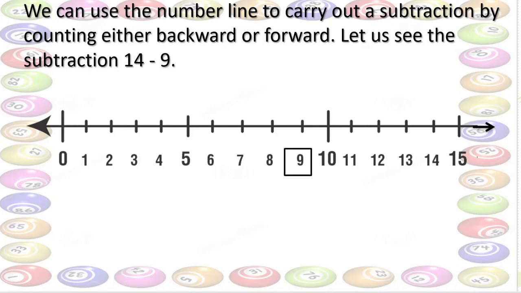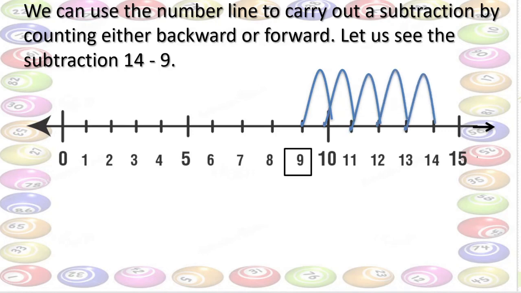Okay. We'll begin from 9. 1, 2, 3, 4, 5. Am I right? We reached 14. So our sum is over. What is our answer? Yes, 5. Correct? We forwarded 5 steps.